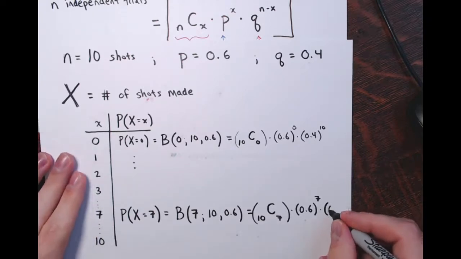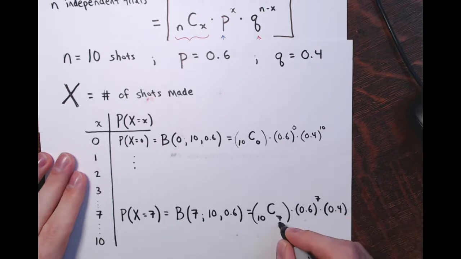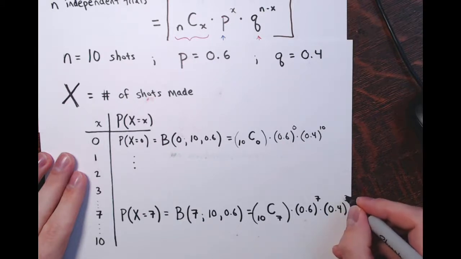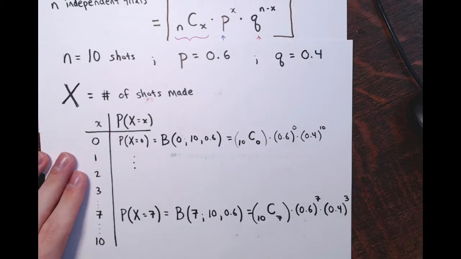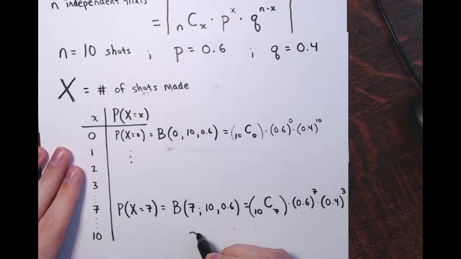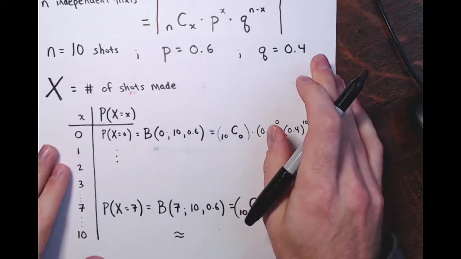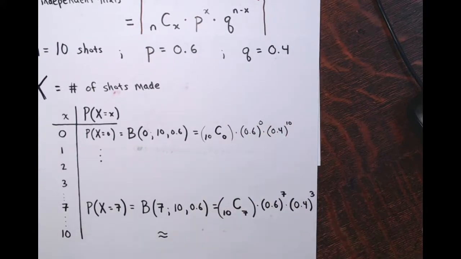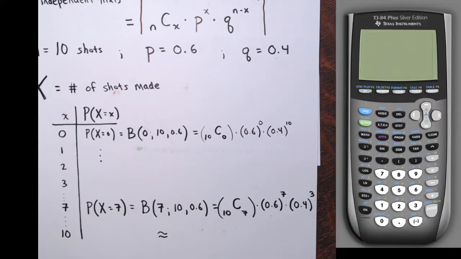So I multiply by the probability of a failure on a trial raised to how many were failures, 10 minus 7, or 3. All right, I'm going to just punch this in my calculator. And I'll show you also a faster way to do it after I do it this way.